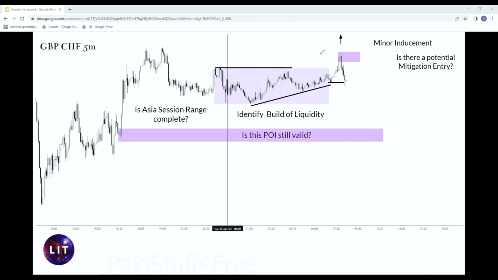What's also key to remember is when it comes to the mitigation zone in terms of range, we don't generally like taking huge ranges. In this case, it's perfect. I can tell it's not a crazy stop loss size. However, if it was probably double, we would reconsider because keep in mind your portfolio, your whole account risk management, it's far more important than taking a massive stop loss trade.